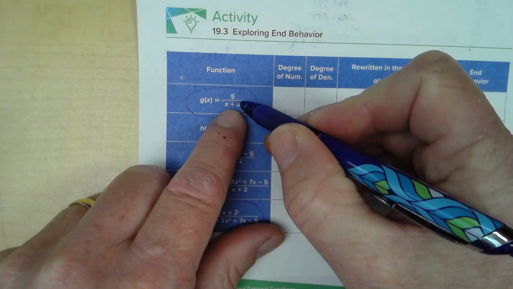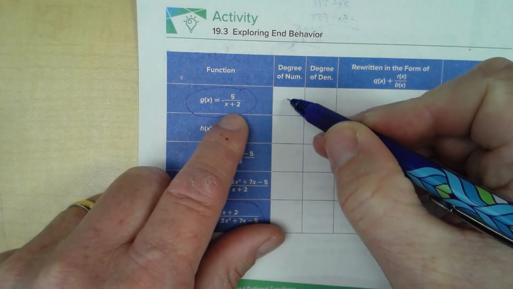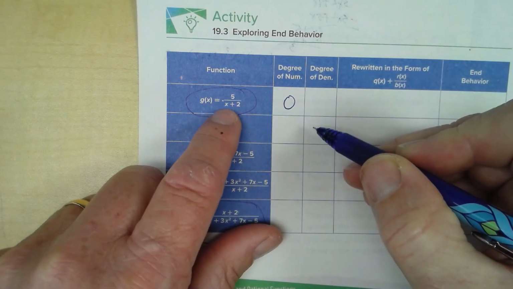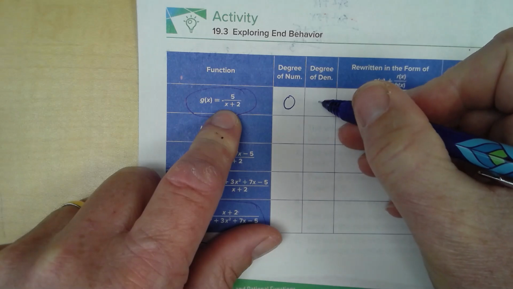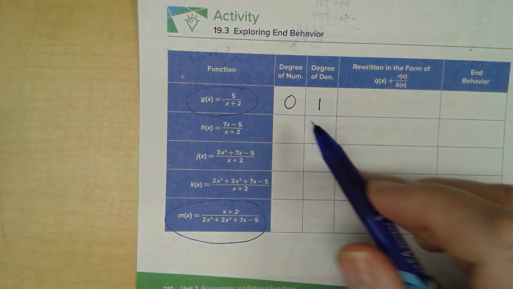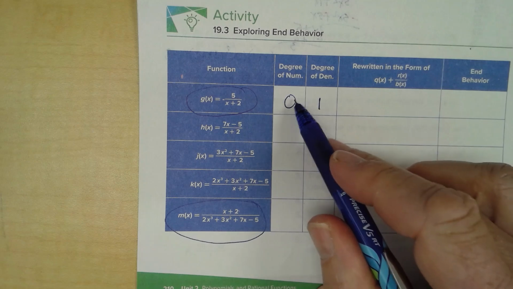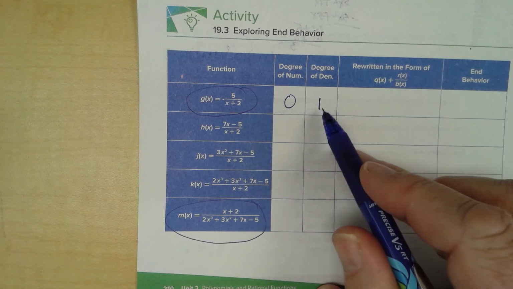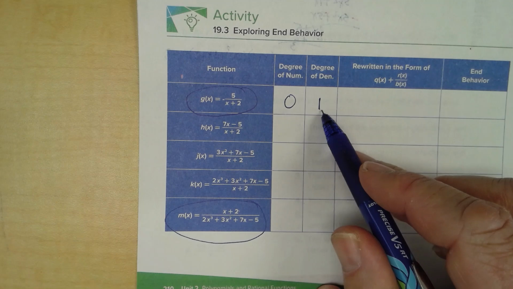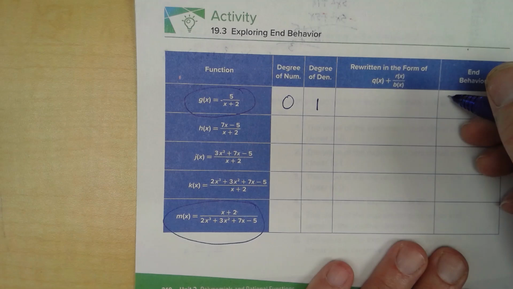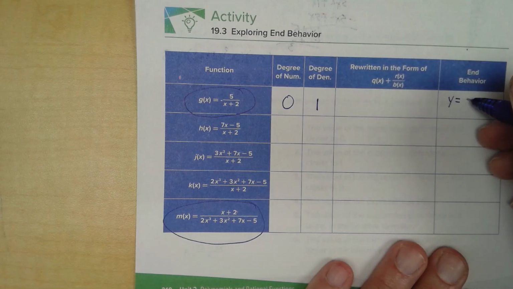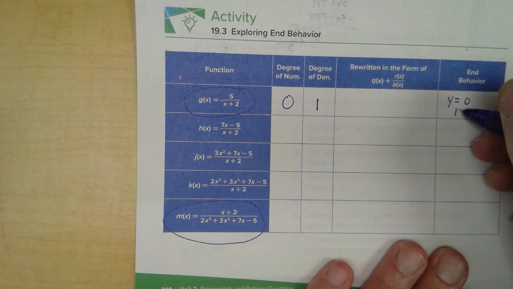Well, there's an invisible x to the 0 up here, so that would be 0. The degree of the denominator is 1. Anytime that this is smaller than this, the end behavior has a horizontal asymptote of y equals 0. Y equals 0 is the horizontal asymptote.